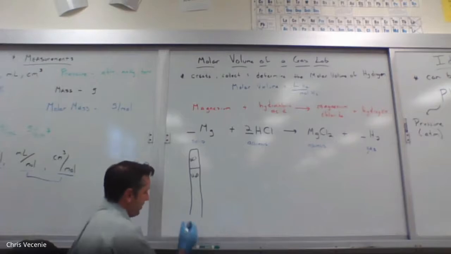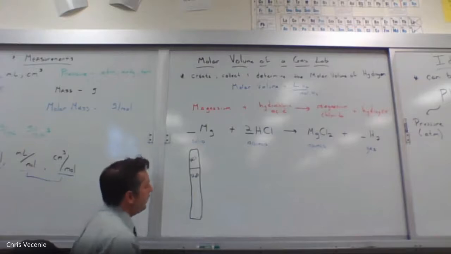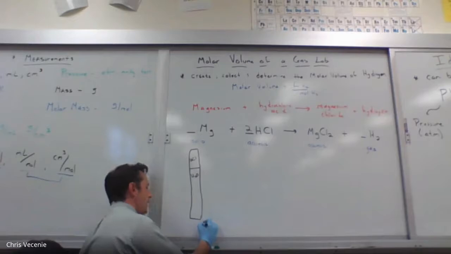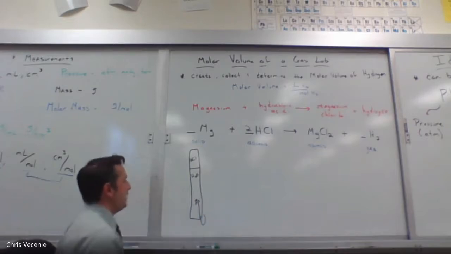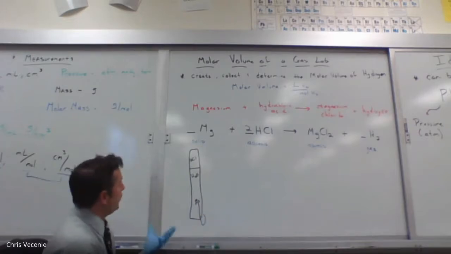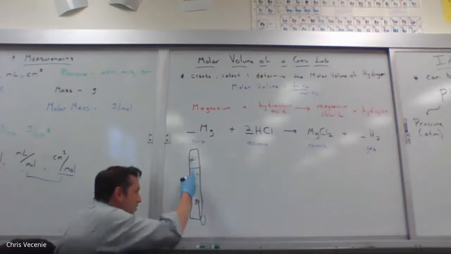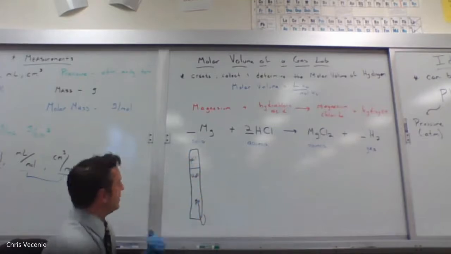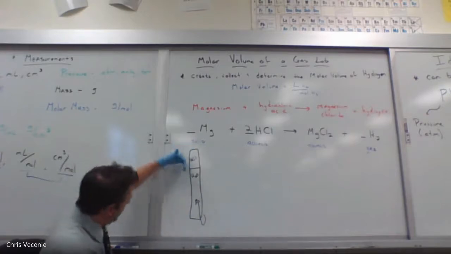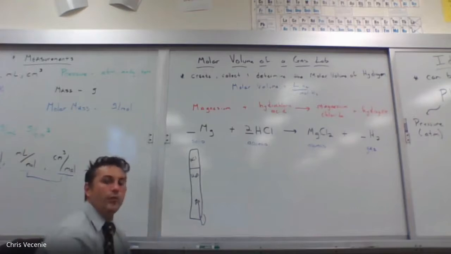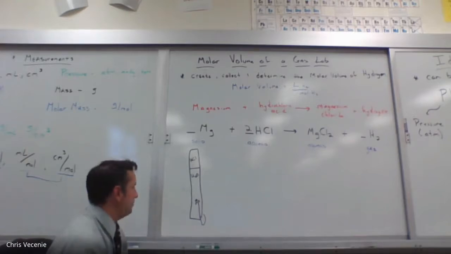And at the bottom of the tube, we're going to put a cork, and we're going to put a piece of copper wire that has our magnesium on it, and hook that up underneath. So then it's going to let the HCl come down and react with the magnesium. We're going to create hydrogen, which will go up here because it's not very dense, and it's going to push the water around and through the cork at the bottom.